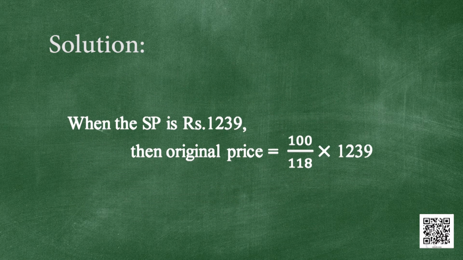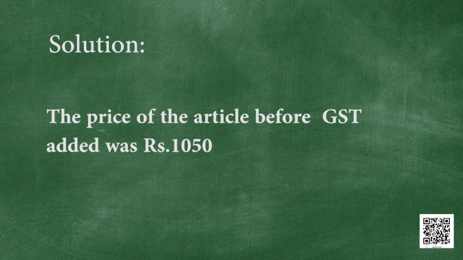So, when the selling price is rupees 1239, then original price is given by 100 divided by 118 multiplied with 1239. On simplification, we get this as rupees 1050. Students, therefore, the price of an article before GST was added is equal to rupees 1050.